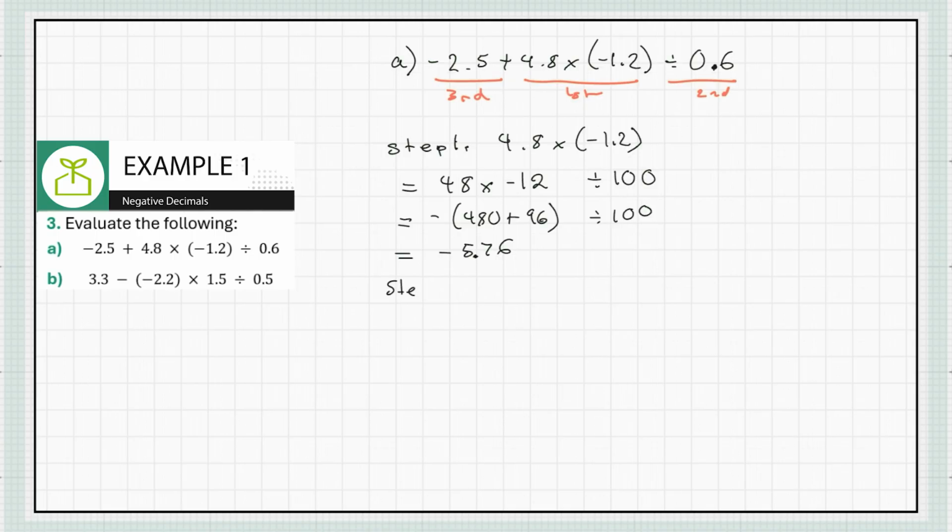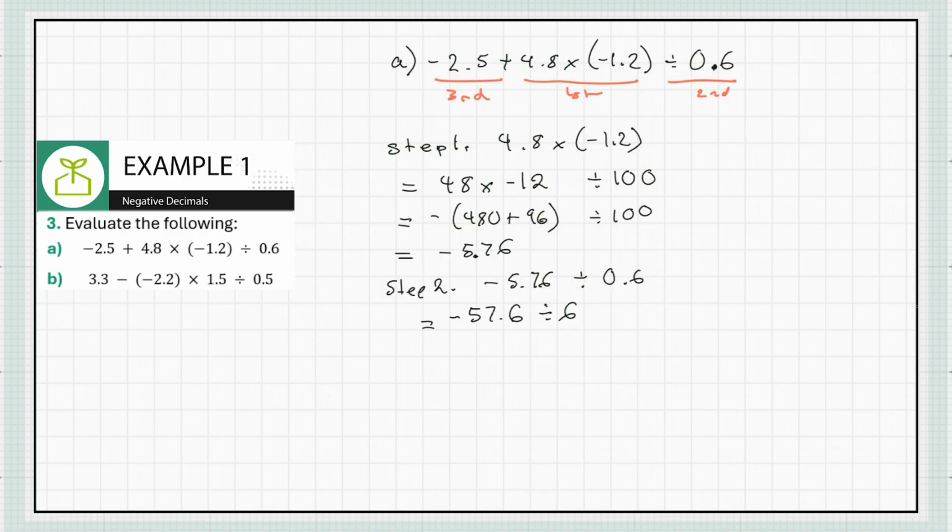Alright, for step 2, we are going to take our answer from this one, which is minus 5.76, and we're going to divide it by 0.6. So we need to change the problem to be minus 57.6 divided by 6 by timesing both sides of this division problem by 10.